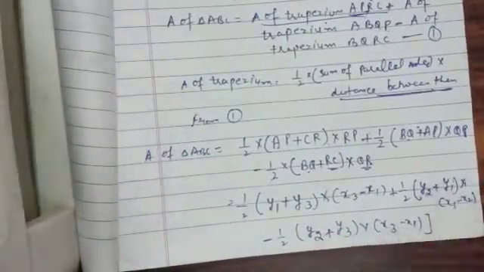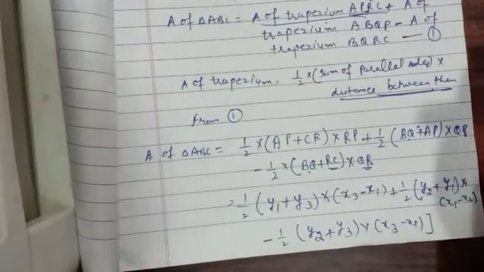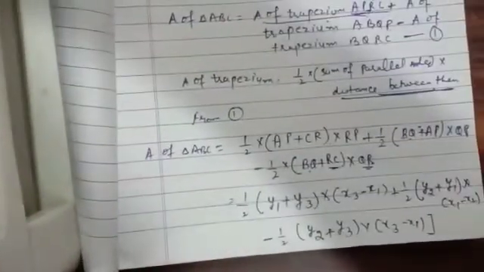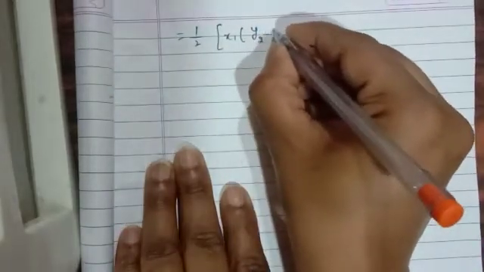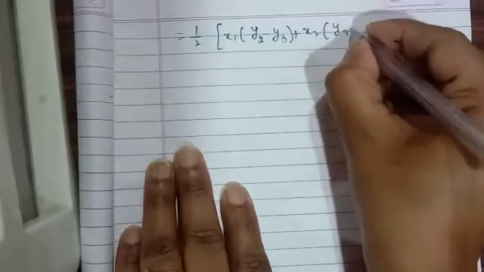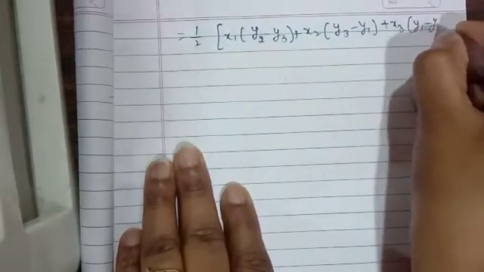Let us expand all the values. Half is common in the full equation, so you may take it as common. By simplifying the previous equation, I get half into x1 into y2 minus y3, plus x2 into y3 minus y1, plus x3 into y1 minus y2.